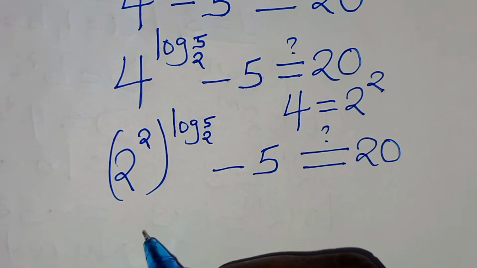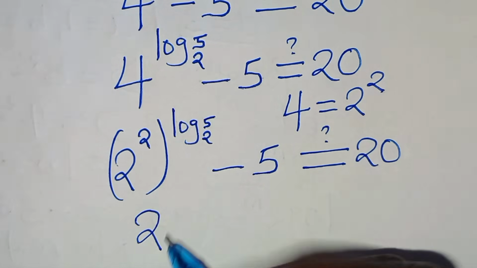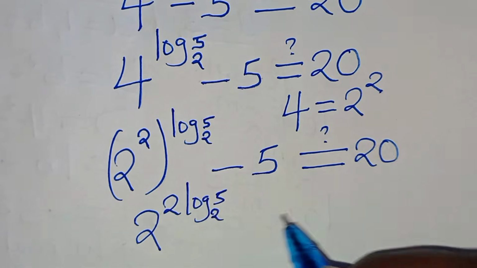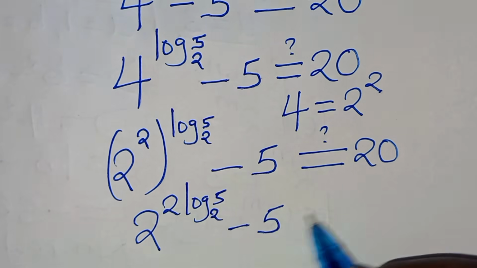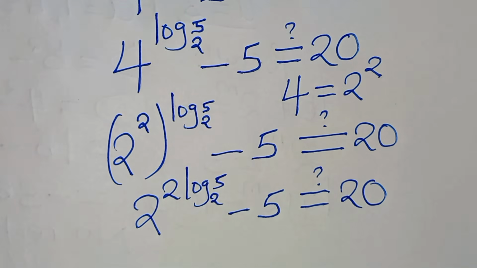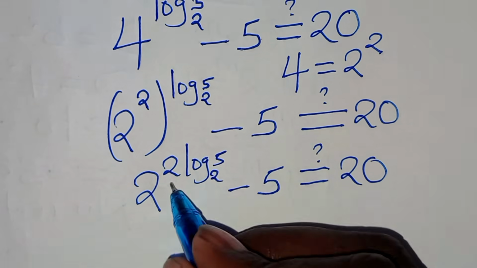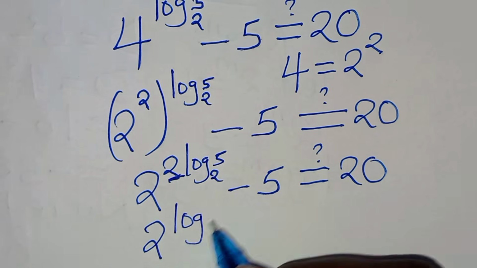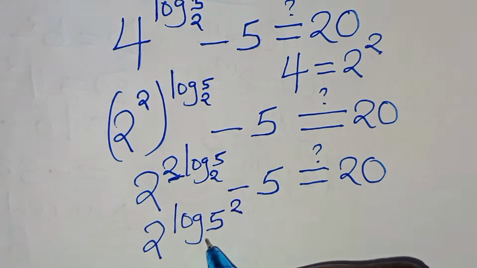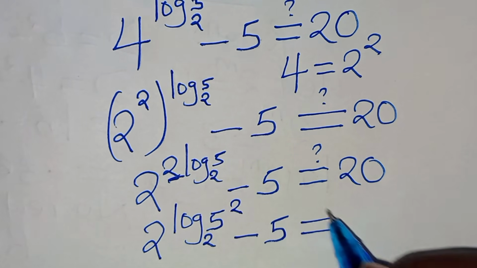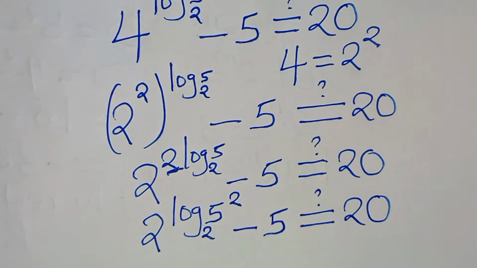Now this indicates that we have 2 to the power of 2 log 5 to base 2, subtract 5. This is supposed to give us a value of 20. Now since 2 is a power here, we can express this as 2 to the power of log 5 to the power of 2 to base 2, minus 5.